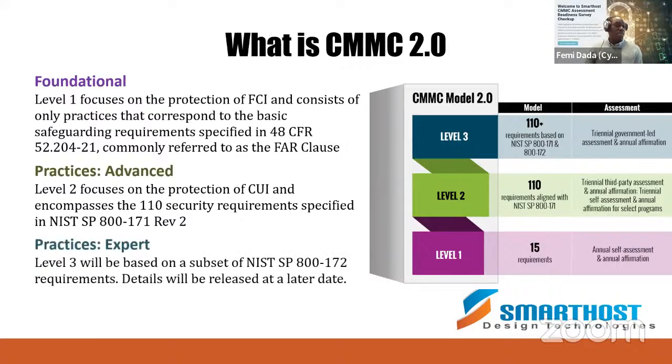And now talking about the expert practice, which is level 3. As of right now, DoD is still finalizing some of the unique requirements that really make level 3 level 3. So that is being worked on, and they'll be releasing that information shortly.